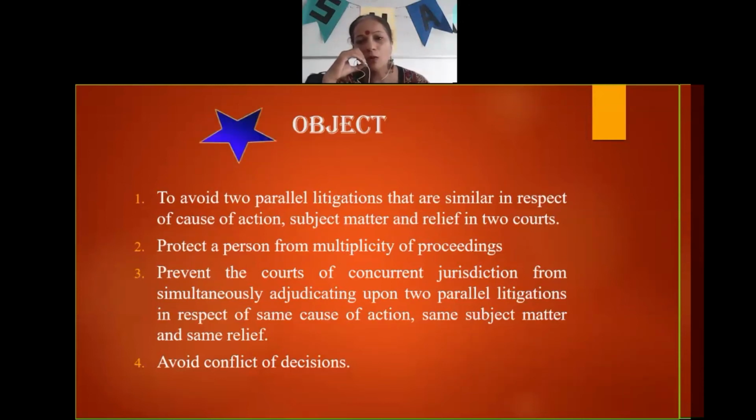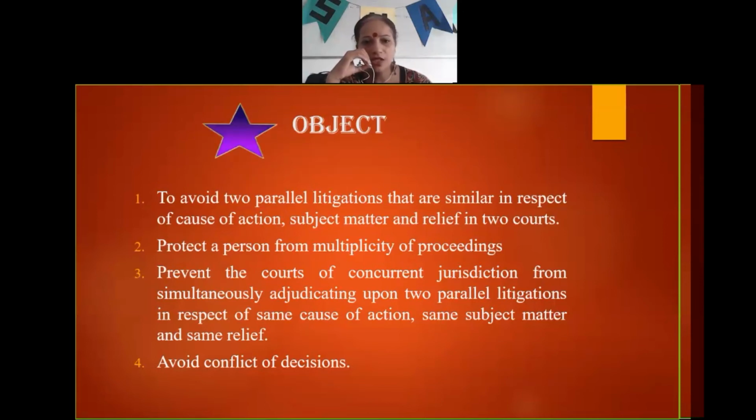That is to say, we have obligated the court not to proceed simultaneously and adjudicate upon two parallel litigations in respect of the same cause of action, the same subject matter, and the same relief.